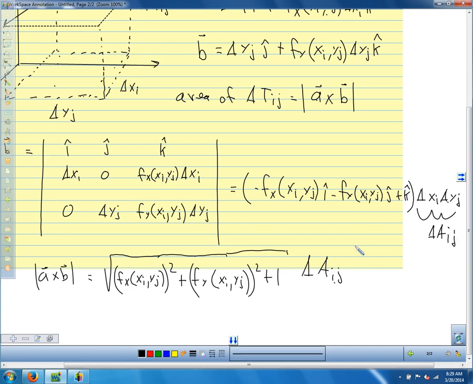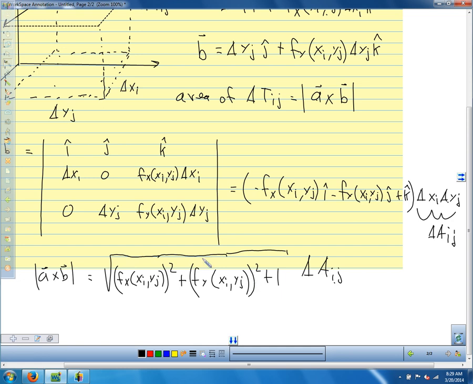And the total surface area over the region is going to be the sum of all of these little pieces of area that we get from the portions of the tangent plane. Here we have a function of x and y times delta A sub i. We're taking the limit as delta A sub ij gets smaller and smaller, summing that over the region. Well, this will correspond to our definition of a double integral.